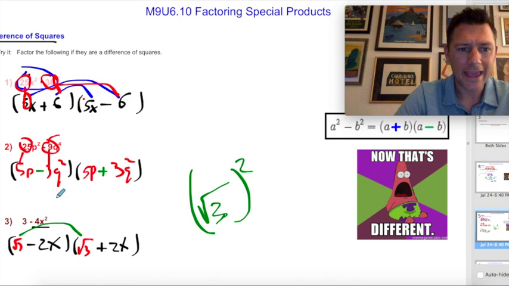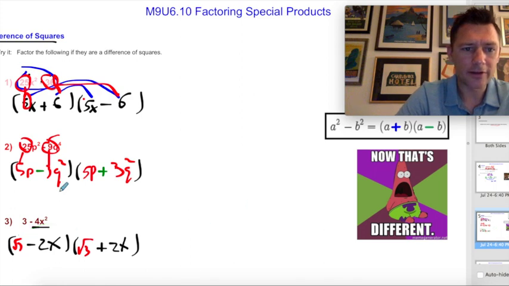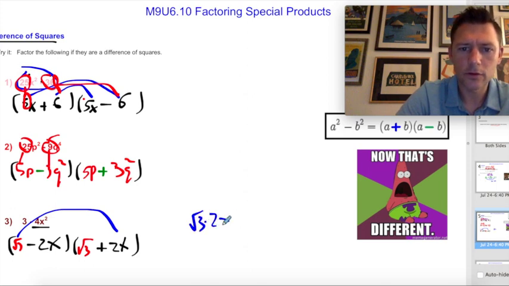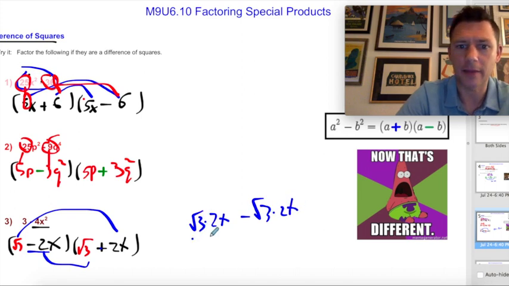And this middle part, this is root 3 times 2x, positive, because this one's positive, and this one's negative, so minus root 3 times 2x, and those cancel out. They're the same thing, opposite signs, gone, and you're just left with 3 and negative 4x.